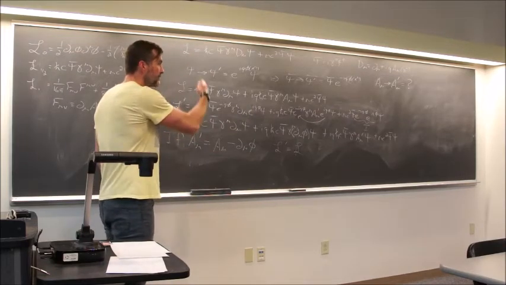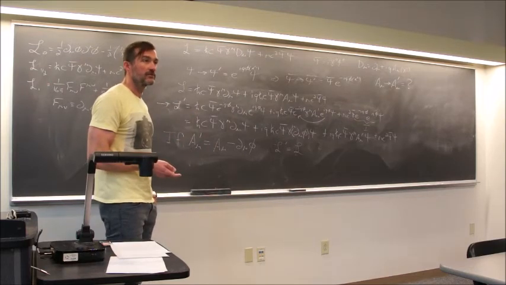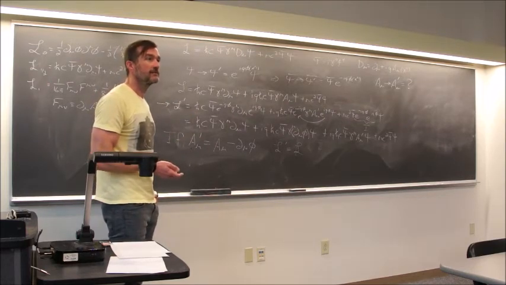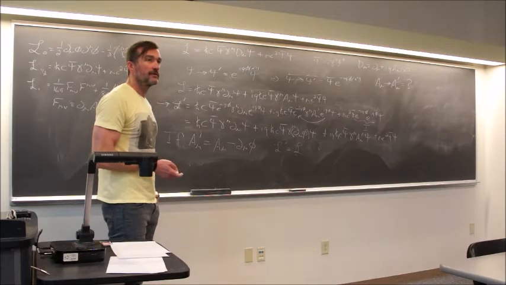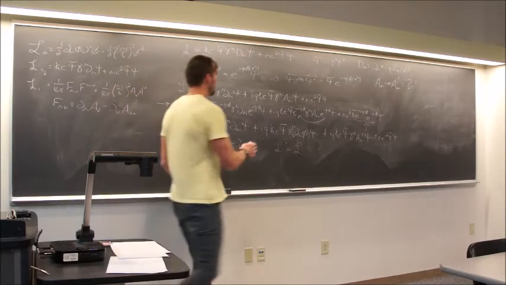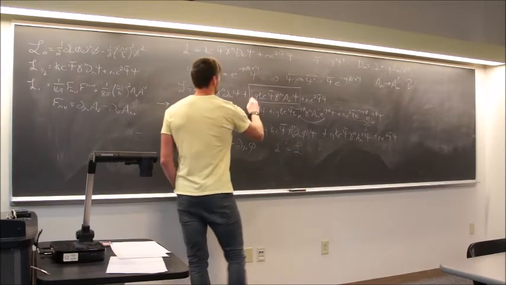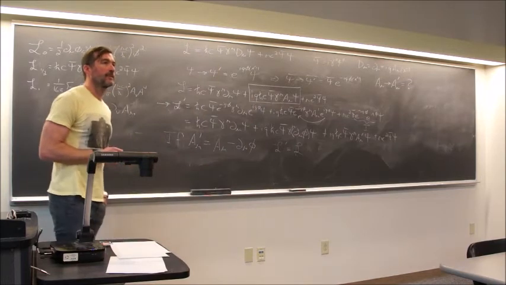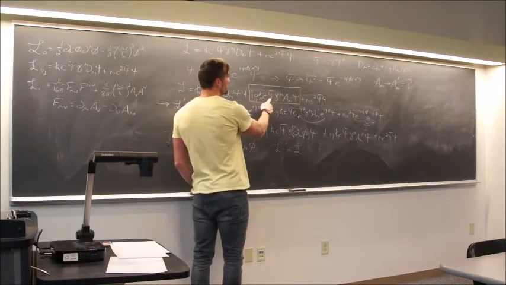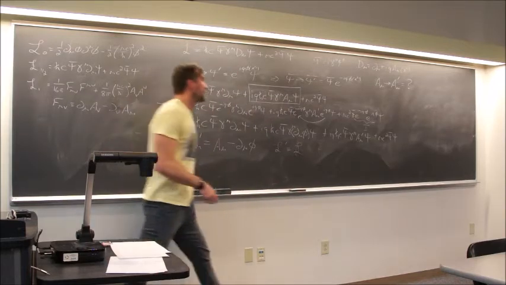But let me, if you haven't already noticed, point out the very interesting part of our new Lagrangian. Does anyone see it? It has an interaction. It looks complicated, but what is it? It's a product of psi and A. This is an interaction.